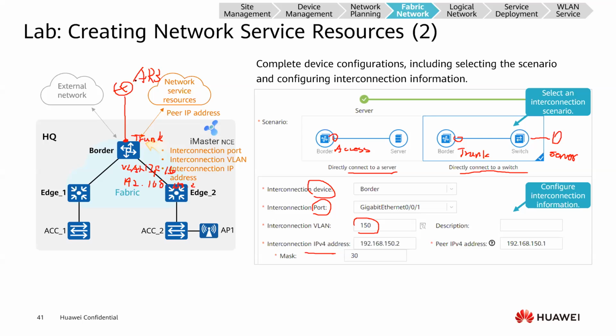So for the AR3, you need to do the pre-configuration to create the VLANIF 150 with the IP address of here.